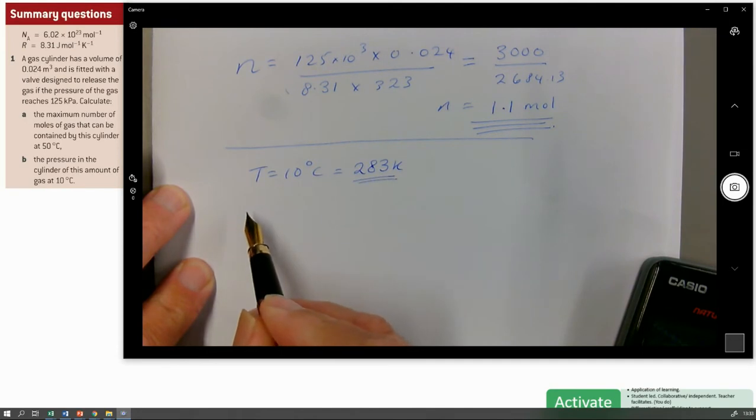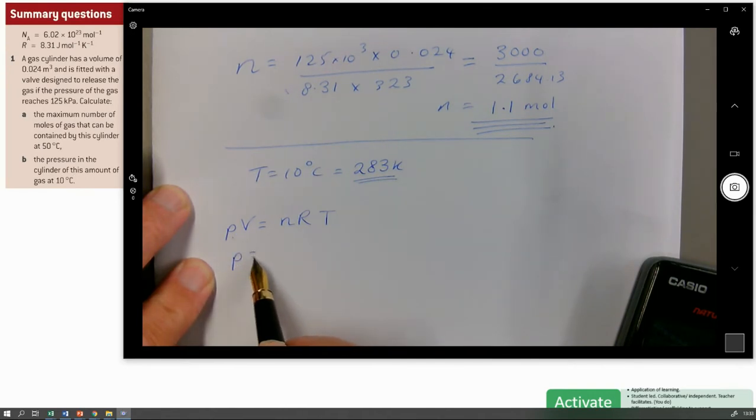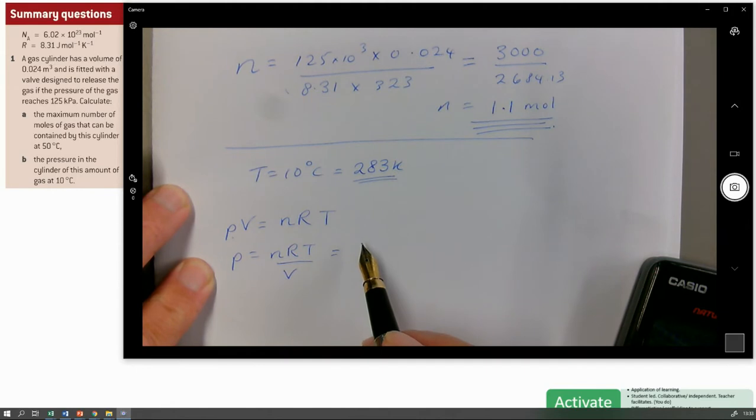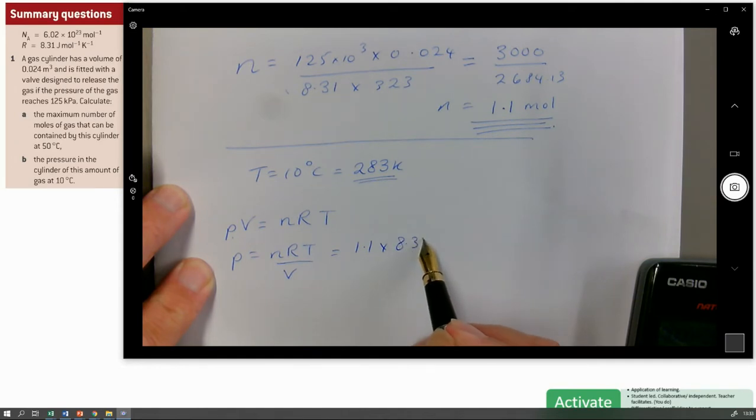Write your formula, PV equals nRT, make P the subject: P equals nRT over V. Substitute the numbers: 1.1 moles times the gas constant, 8.31, times the temperature, 283, divided by the volume, which is 0.024.